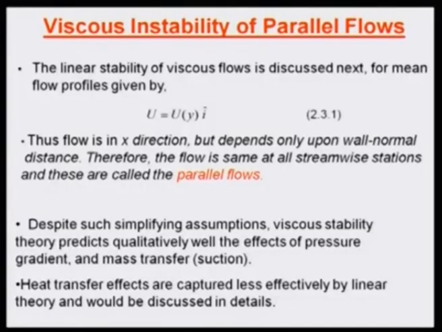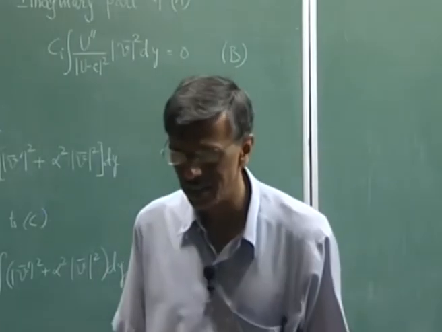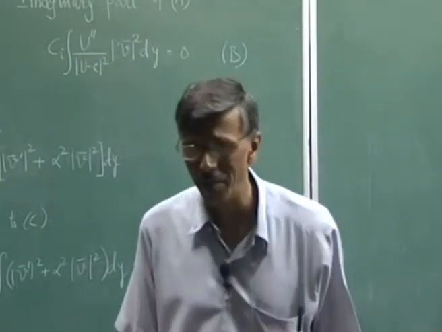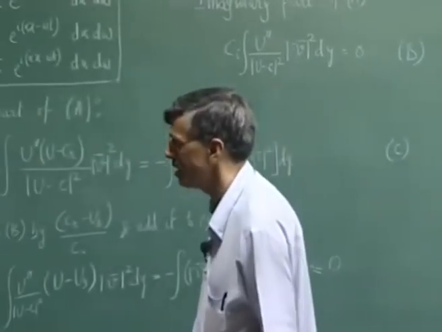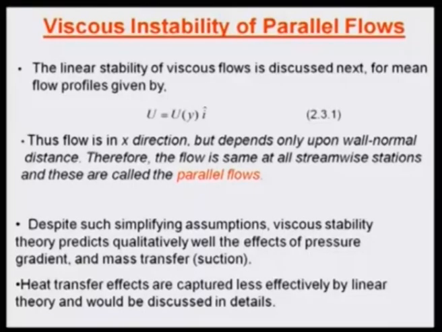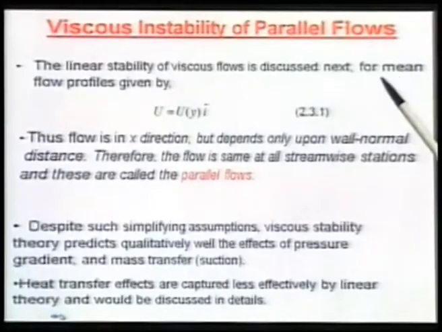What we are doing, once again, is looking at linear stability. That means the perturbation fields are small, so that in deriving the disturbance equation, we make the small perturbation assumption and omit the nonlinear terms.